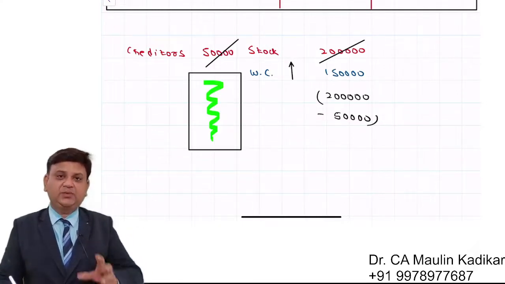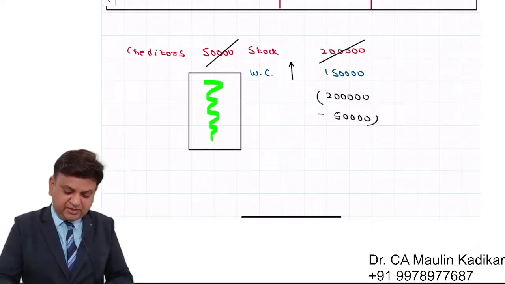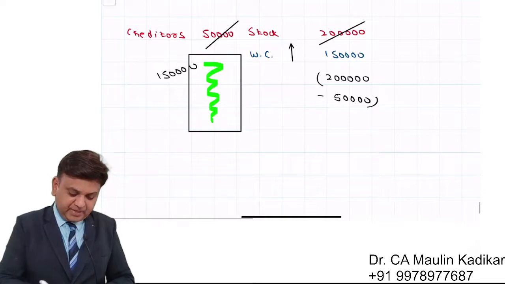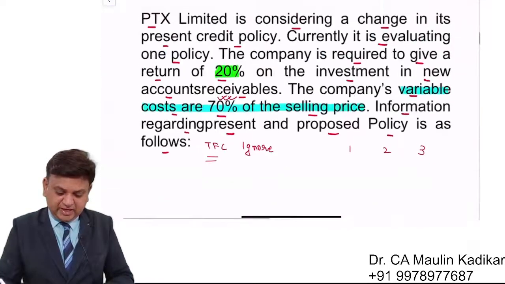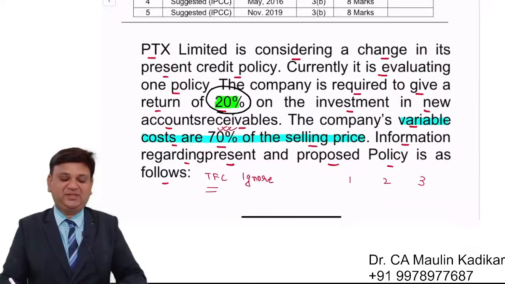From the given information, this 1,50,000 is the additional investment that we have to make in the business, and this 1,50,000 rupees of additional investment will have an opportunity cost at the rate of 20%.